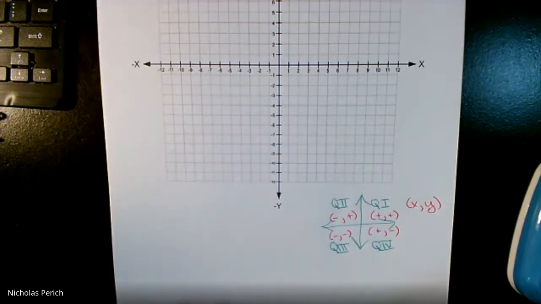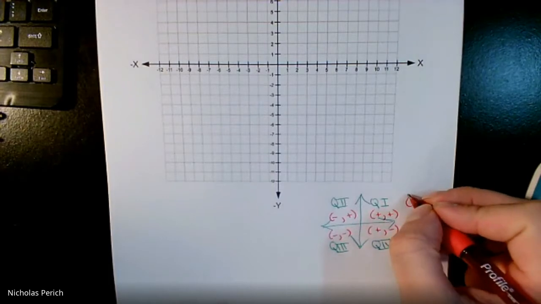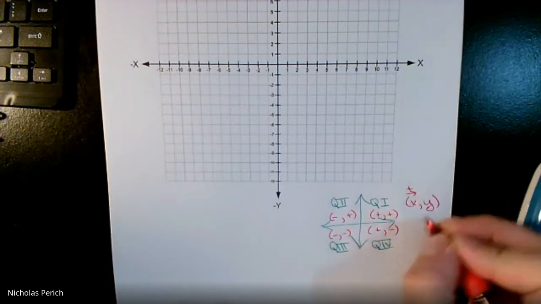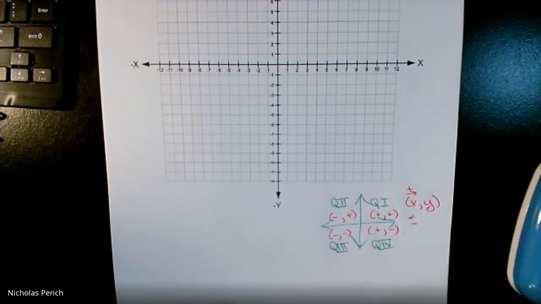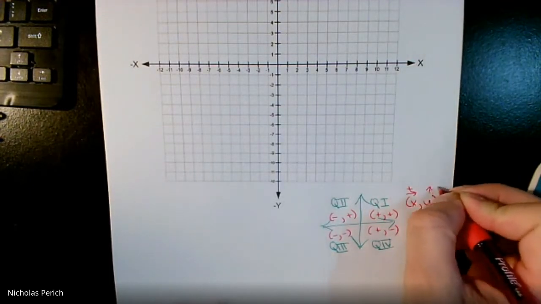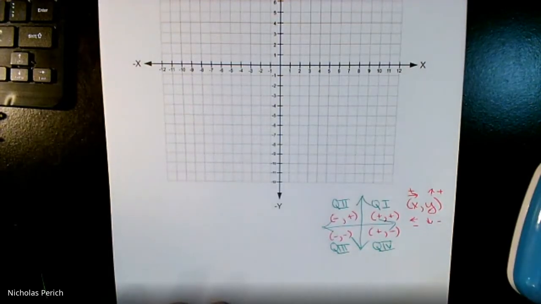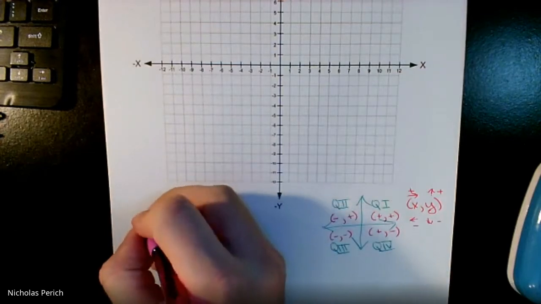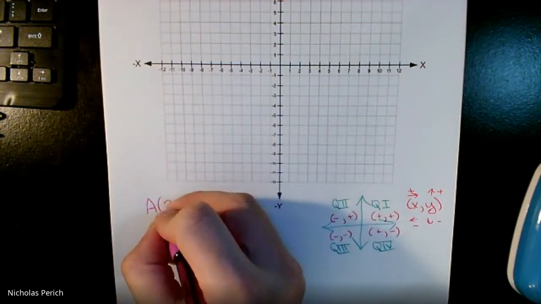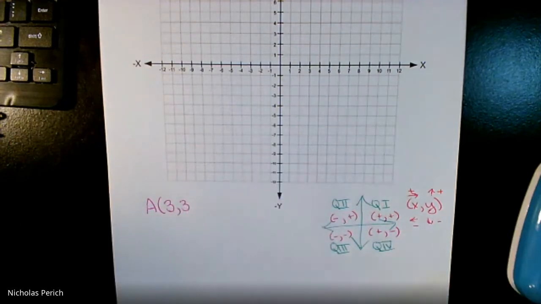Okay, so X either goes right if it's positive or left if it's negative, and your Y value will go up if it's positive or down if it's negative. Now let's take that information and graph a few points. Let's start out with A, which is 3, 3.